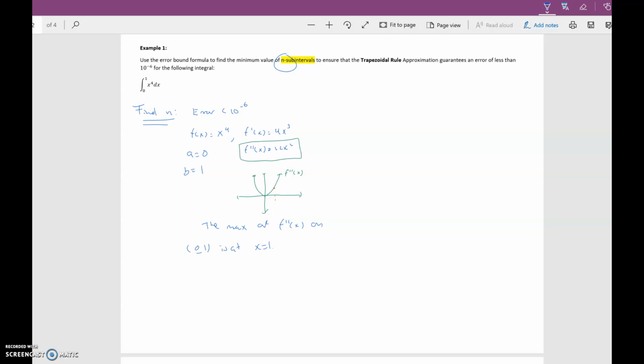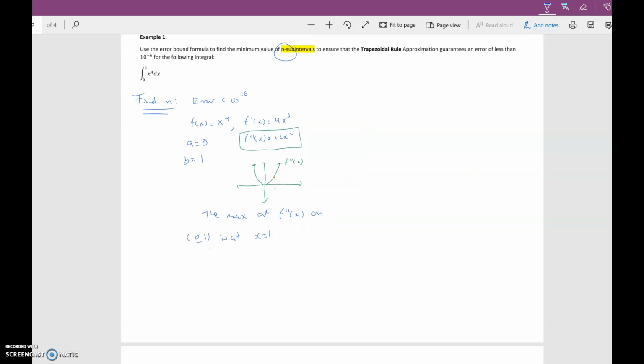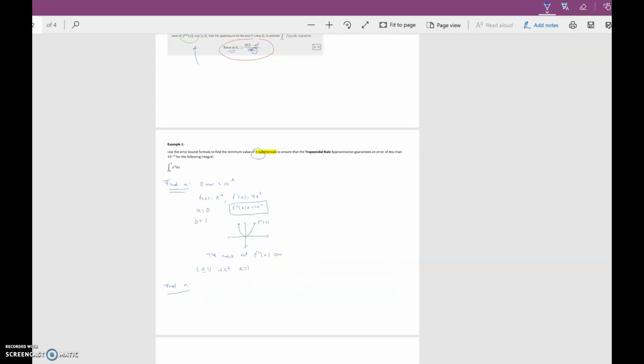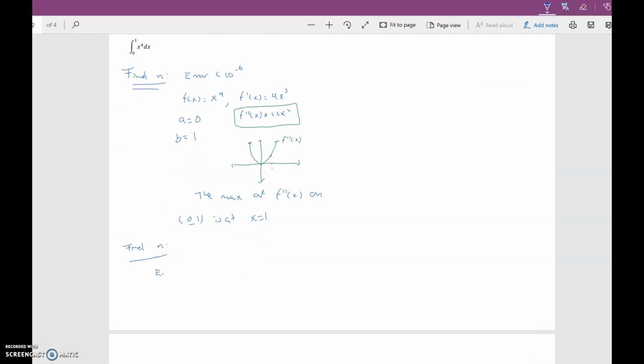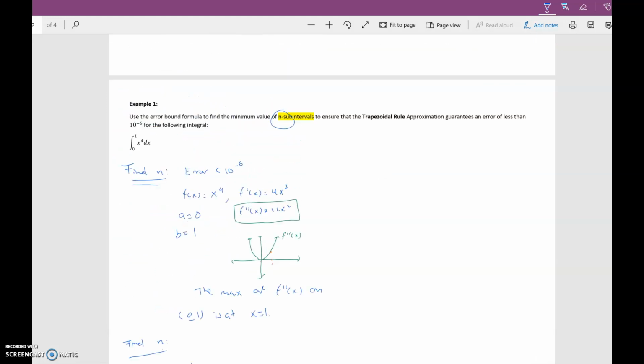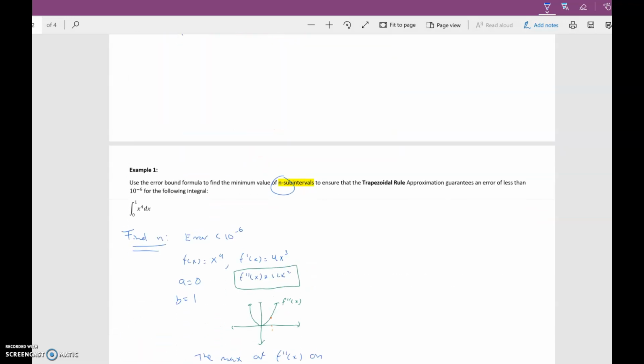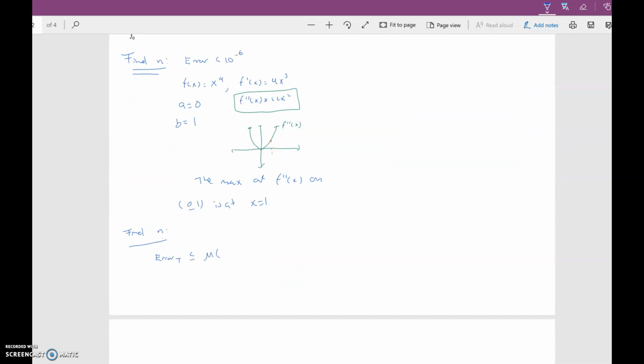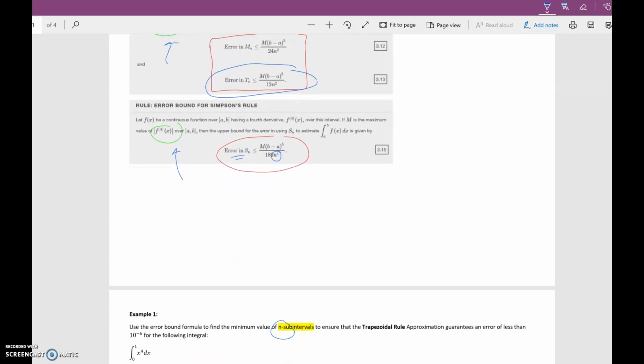Okay, so from here, let me plug them into the formula. We're going to find n. The actual formula is the error is less than or equal to M times (b minus a) to the third power divided by 12n squared. Let me double check, 12n squared, yep.